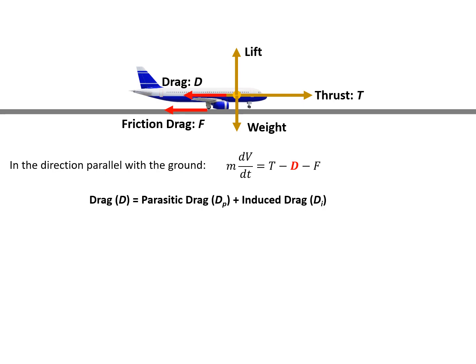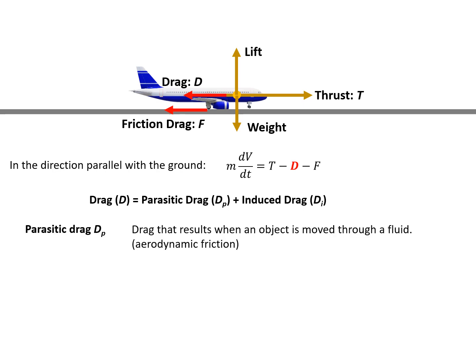You see the drag D is highlighted in red, and we will pay special attention to drag as the topic of this lecture. The drag can be divided into parasitic drag and induced drag, and we will discuss these two components separately.